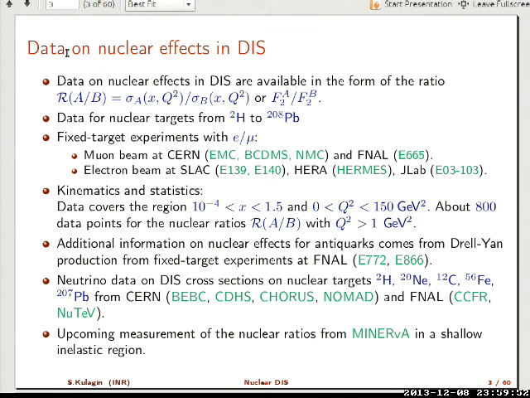They actually measured the ratio of neon and deuterium targets. I should also mention that there is a strong effort to measure the nuclear effects in the MINERvA experiment, and I think it will be released soon.